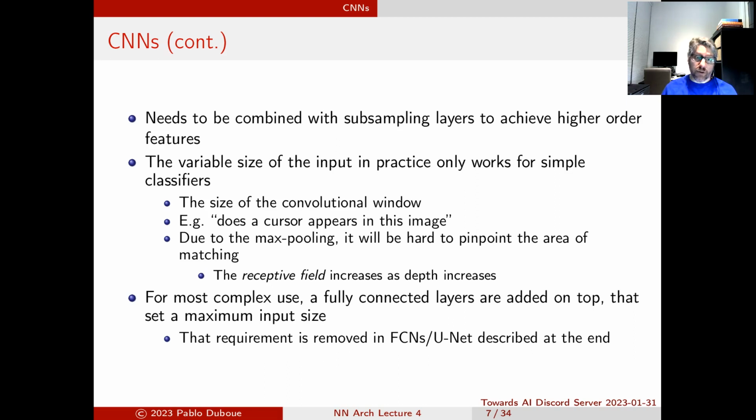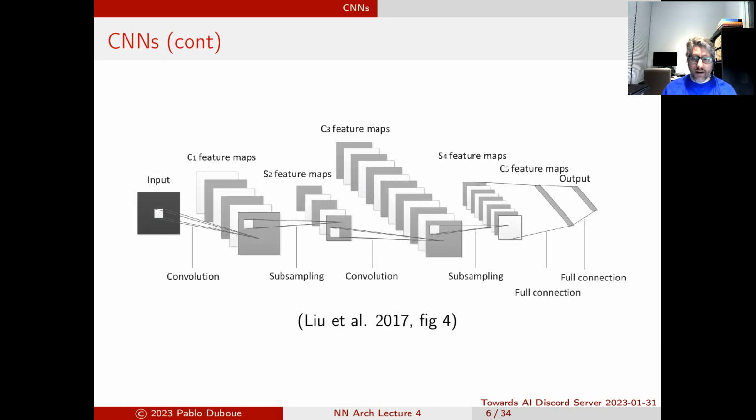To summarize, we use the CNNs together with subsampling layers to achieve higher order features, and because in AlexNet and other networks this is then combined with a fully connected layer, the variable size input in practice cannot exceed a certain size. Why? Because if we go back to the previous image, sure, all these feature maps can be of any size, but once they are fed into the full connection at the end, that fully connected layer has a maximum image size that it can handle.